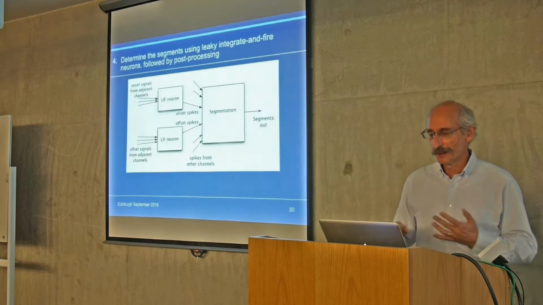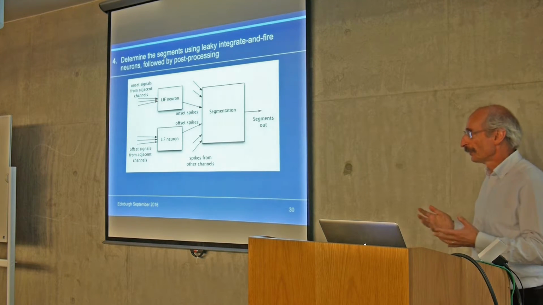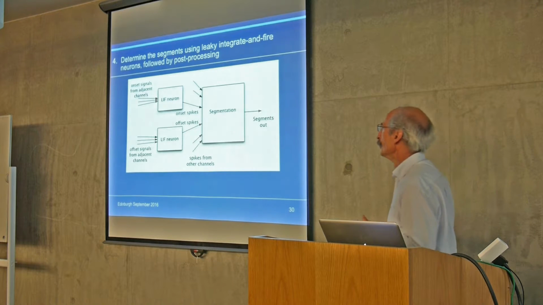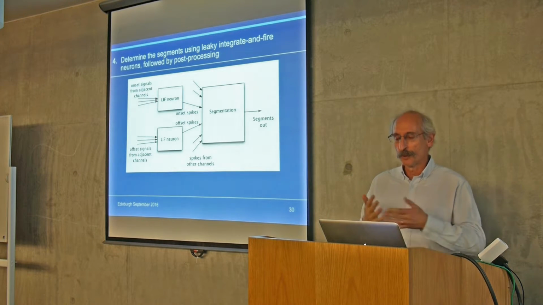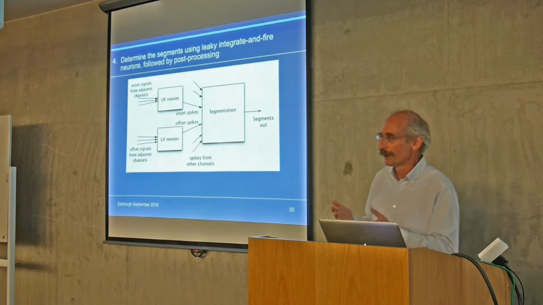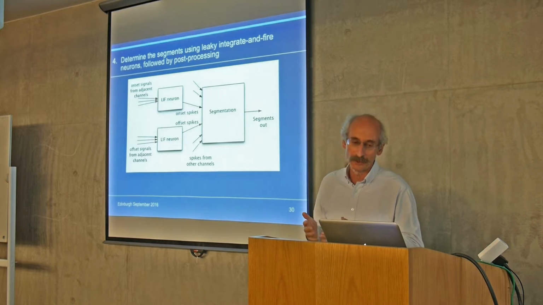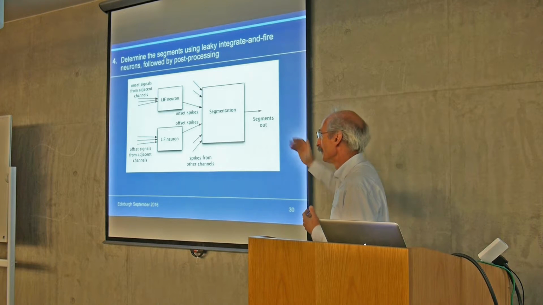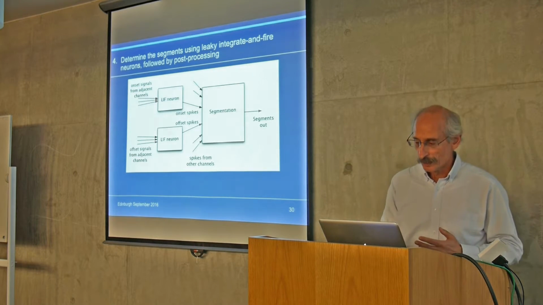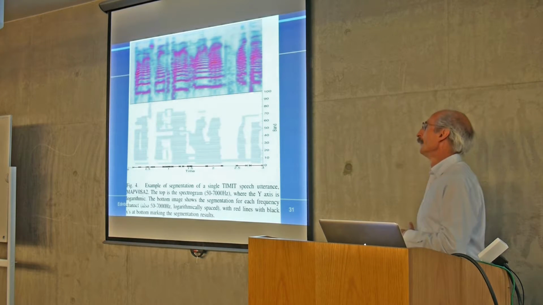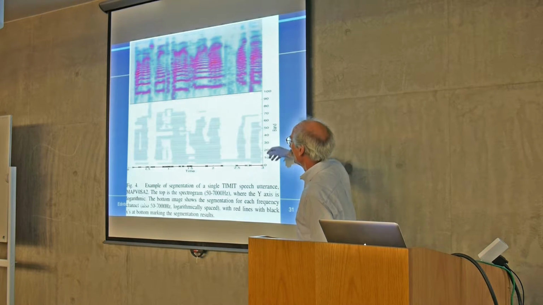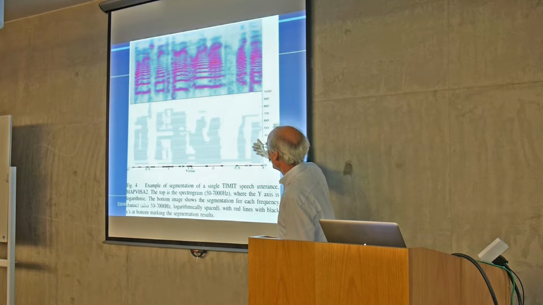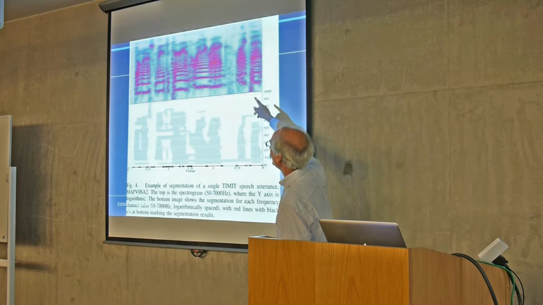And then we use that in conjunction with some leaky integrate-and-fire neurons to essentially calculate onset spikes and offset spikes, onset times and offset times in each bandpass channel, and then use that to segment the signal. If I look at a signal from a TIMIT speech utterance, we bandpassed it into 100 bands, and then we calculated an onset and an offset in each of those bands.